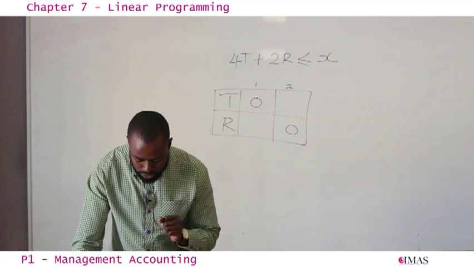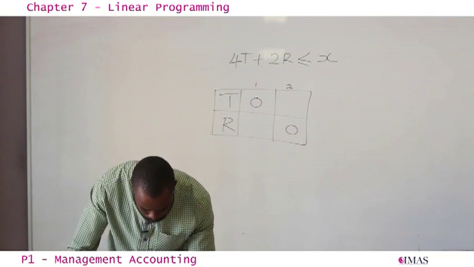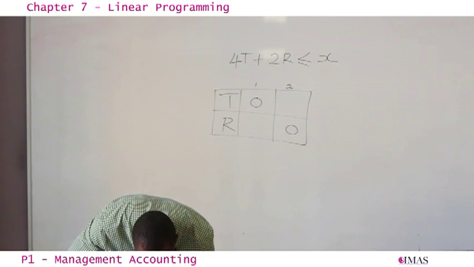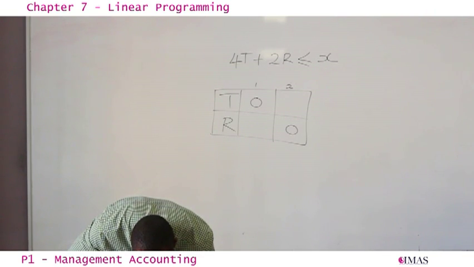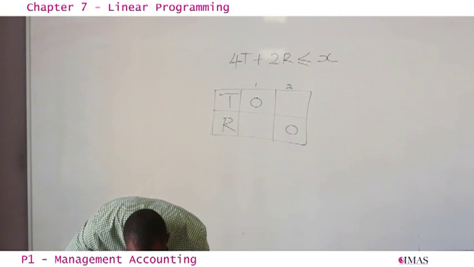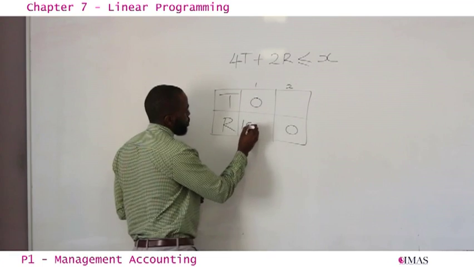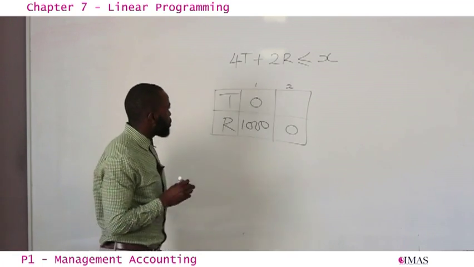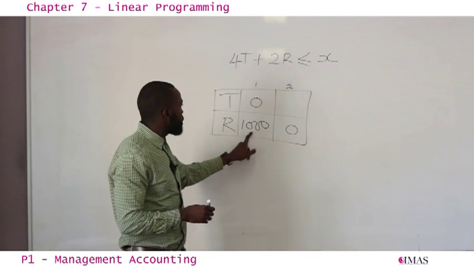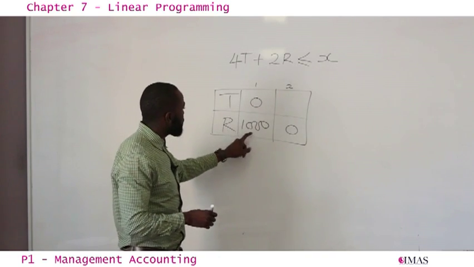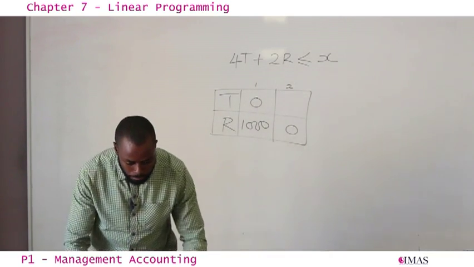Then we go when T is equal to 0. When T is equal to 0, we look at our material A. We notice that R is equal to 1,000. So this was easy to identify.